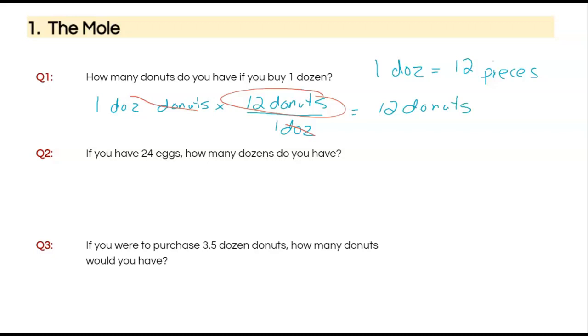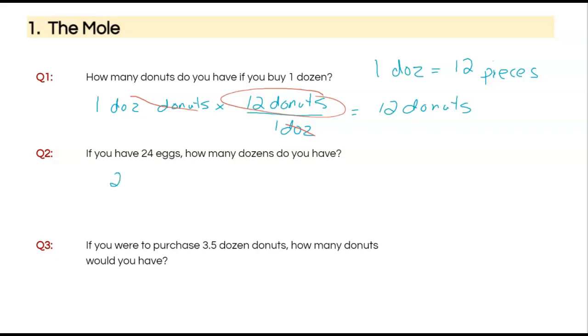Now let's apply that to a different problem, because I can have a dozen of different things, right? In this case, I have 24 eggs. In your mind, you already know, well, if I have 24 eggs and each dozen is 12 eggs, then I have 2 dozen. But let's set that up as a mathematical analysis.